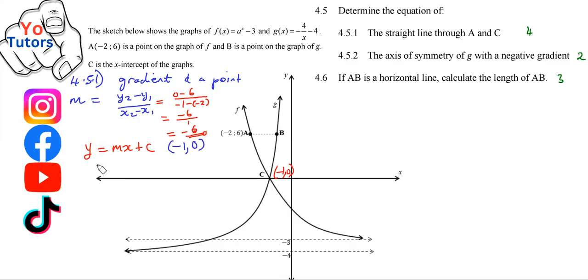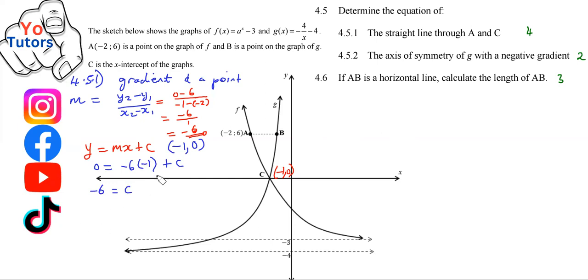This is going to be 0 equals -6 times (-1), plus c. So in this case, this negative and negative is going to be +6. Then we take the +6 to that side. It's going to be -6 equals c.